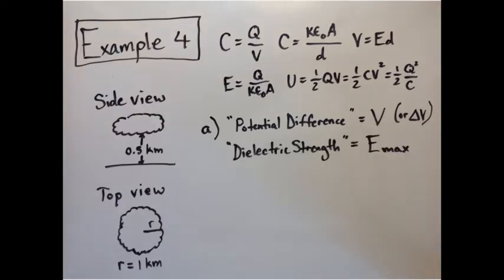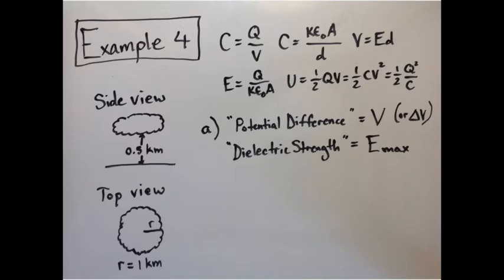The other bit of information we have is the dielectric strength of air. If you recall, dielectric strength is the same as the maximum electric field. Given that we are looking for V, and we're being told the maximum electric field, that should give us a clue as to which equation to use.